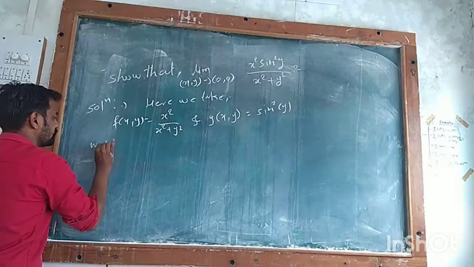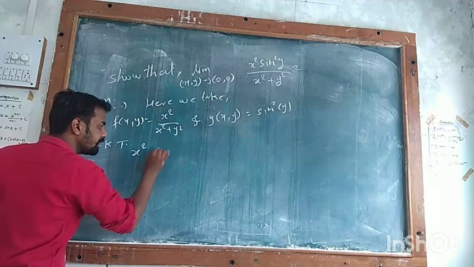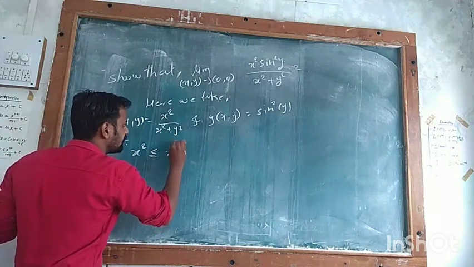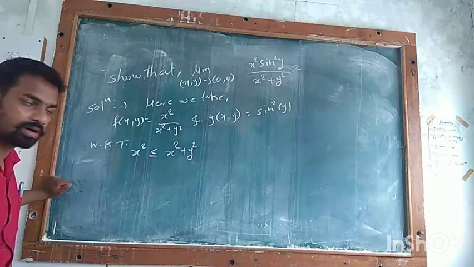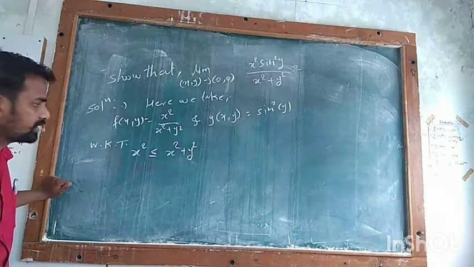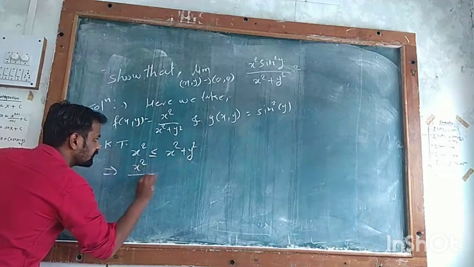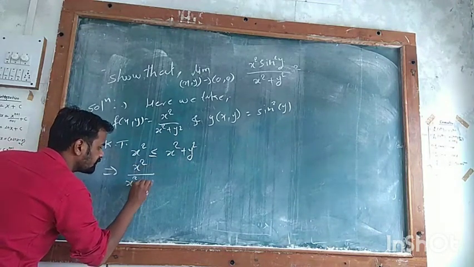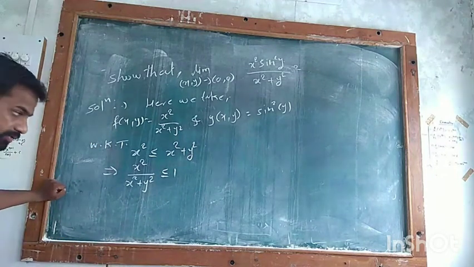We know that x square is always less than or equal to x square plus y square. This implies x square upon x square plus y square is less than or equal to 1.